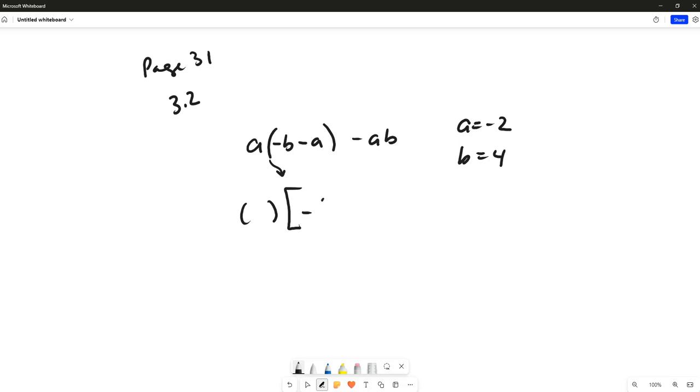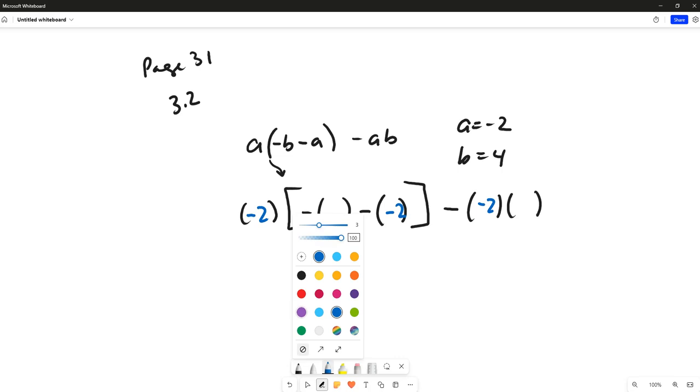I'm going to keep my negative, put another parenthesis there, keep my negative, put another parenthesis there, change that end parenthesis into a bracket, parenthesis, parenthesis. Okay, all my A's are negative 2. And all my B's are 4.